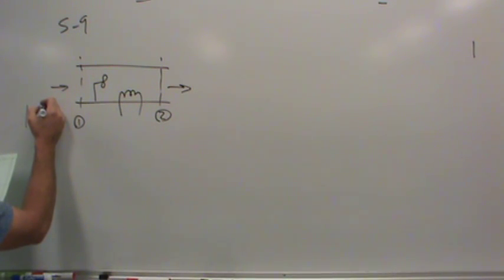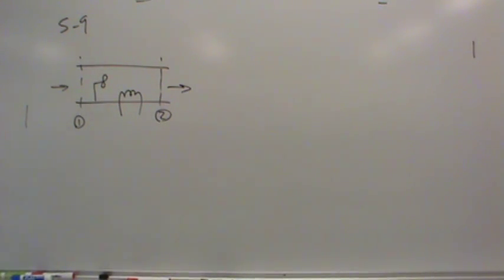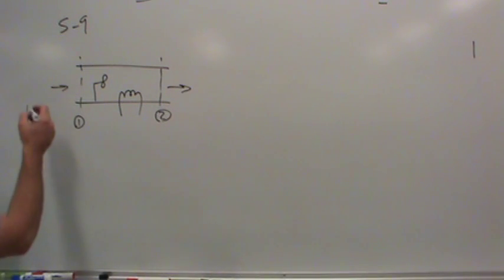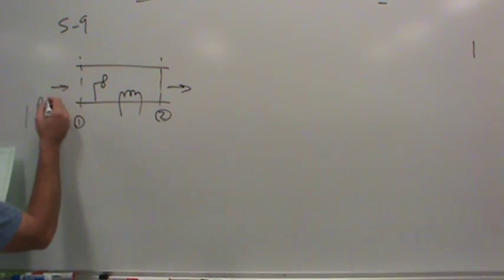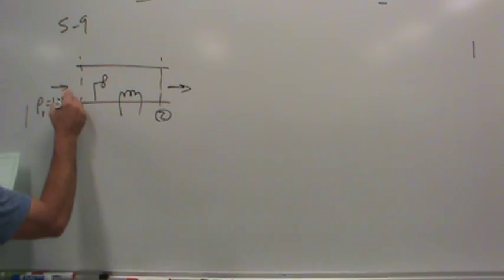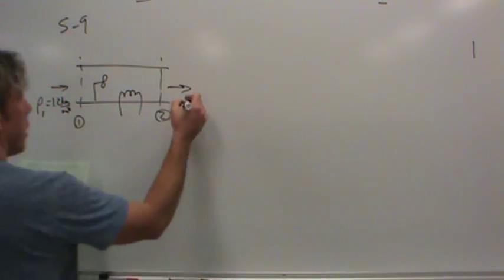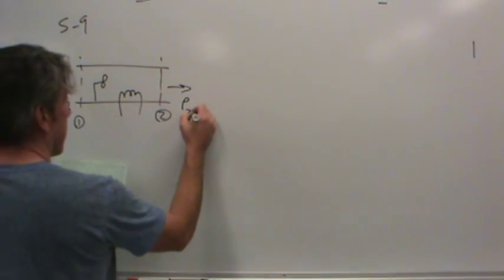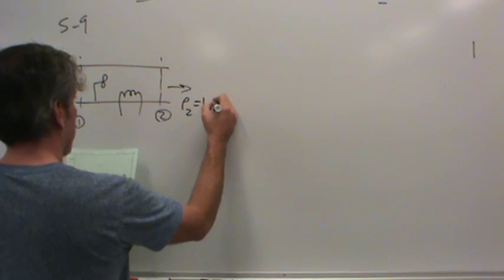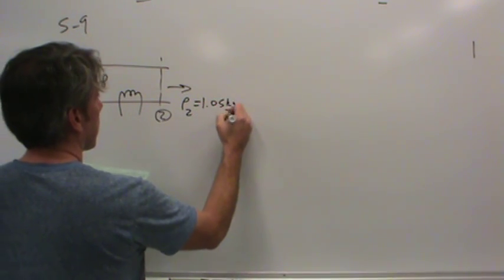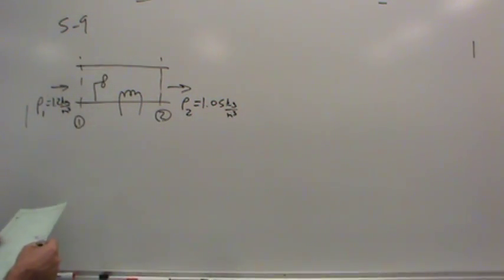Let's see, actually no, density, is that what they gave us? Yeah, it's density. They gave us density. So a density of 1.2 kilograms per cubic meter and a density at 2 of 1.05 kilograms per cubic meter.